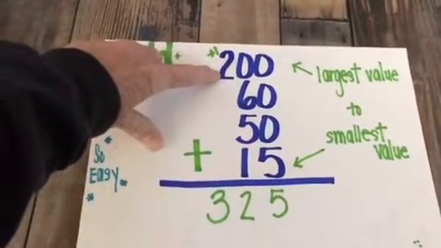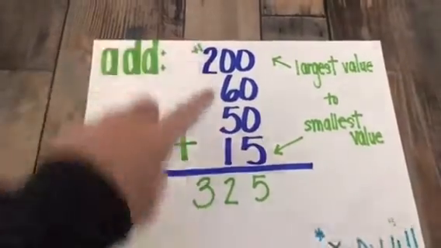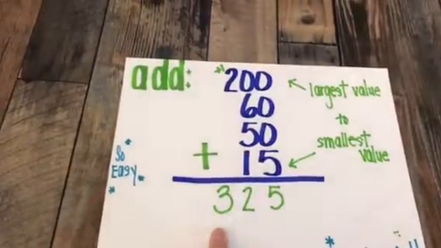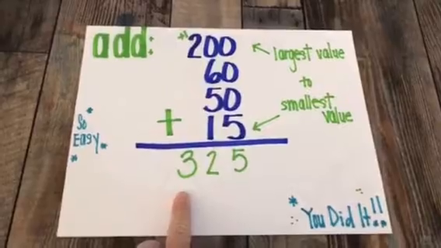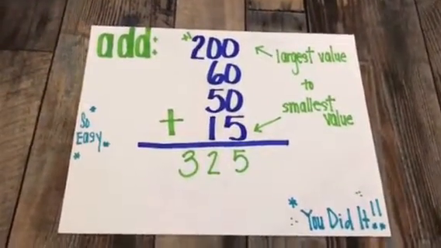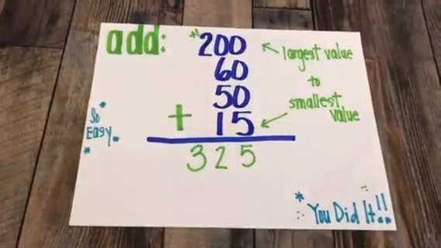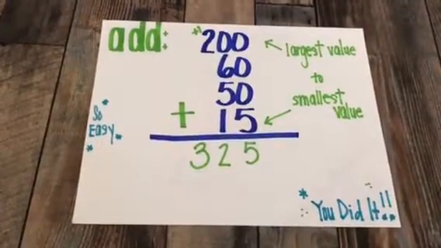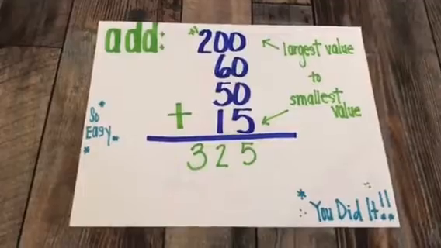We add our 2 plus 1 equals 3, for a total of 325. Check your work. Did you do it? Great job.